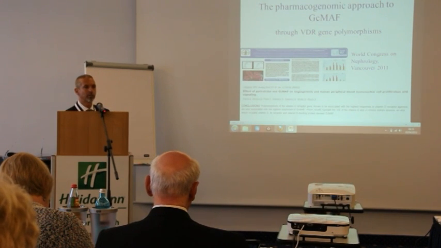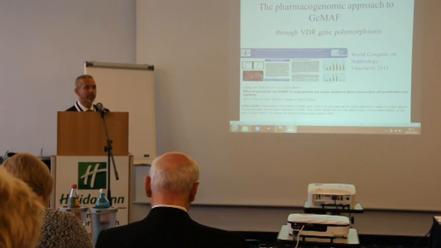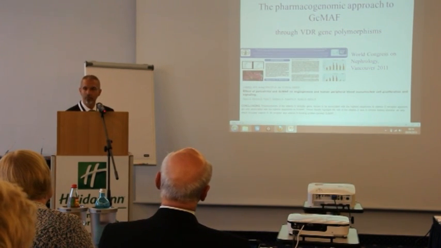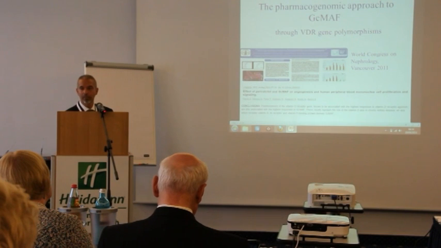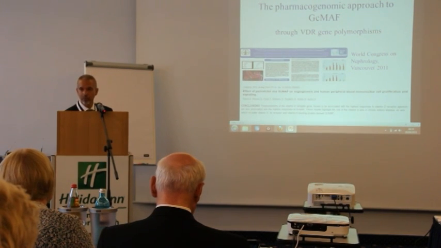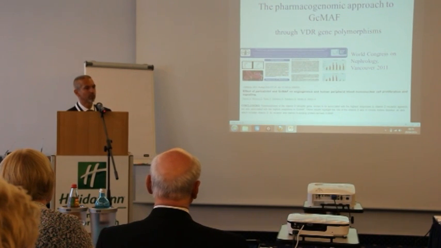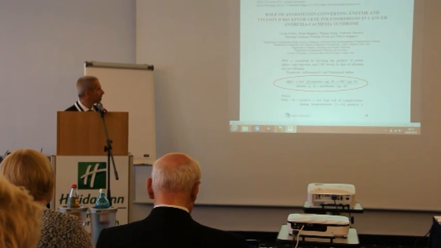So this is the modern concept of individualized medicine based on pharmacogenomics, because we all know that the responsiveness of all of us to any type of molecule is different, has to be different. And now we have the molecular tools, the genetic molecular tools, to assess this responsiveness.